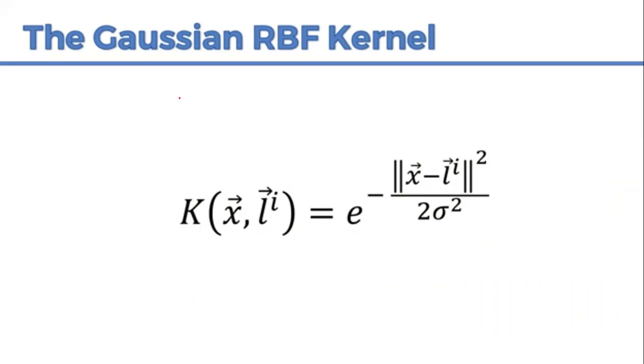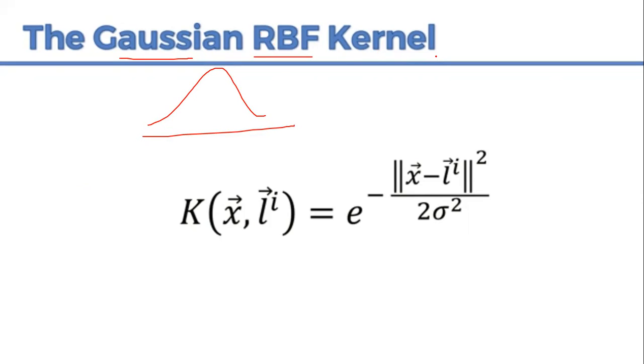A very popular kernel function is the Gaussian RBF kernel. RBF is the radial basis function. Gaussian means of this shape, like a normal distribution.